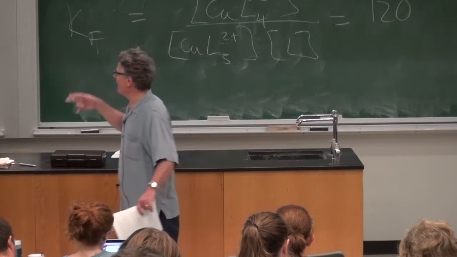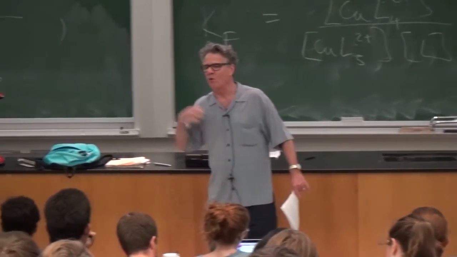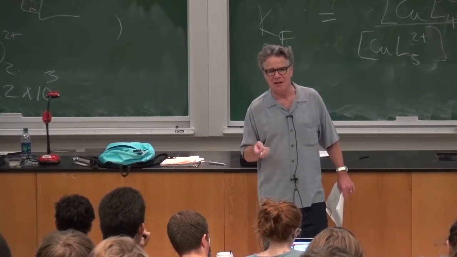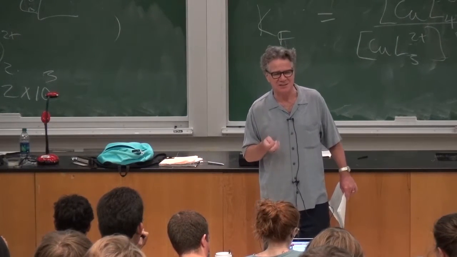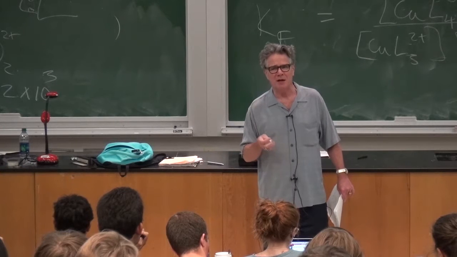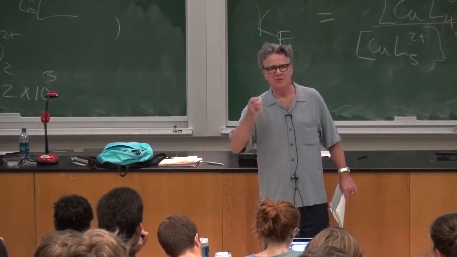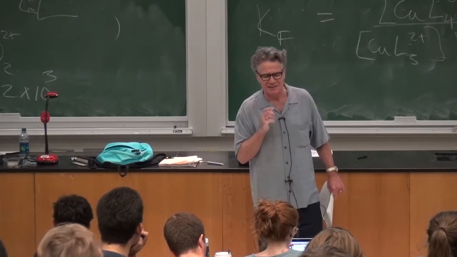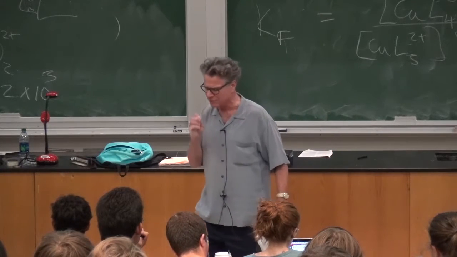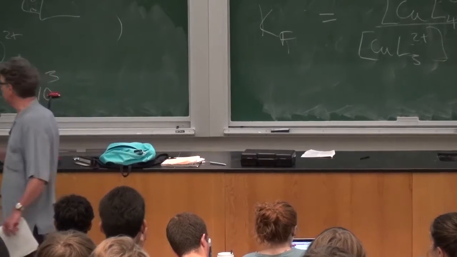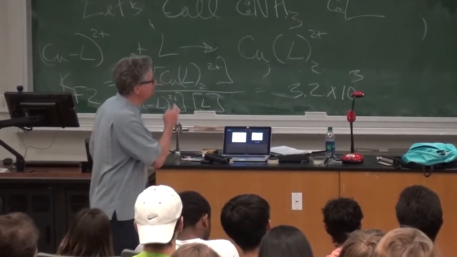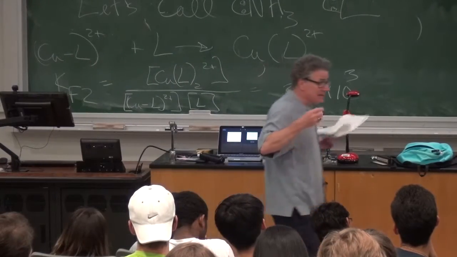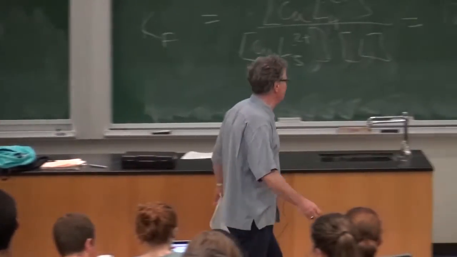And so every time you add a ligand, it binds the next one a little more weakly, because the metal ion becomes a little bit less of a good Lewis acid. That's a common thing that you see in formation constants, and it makes sense based on this simple electrostatic argument.